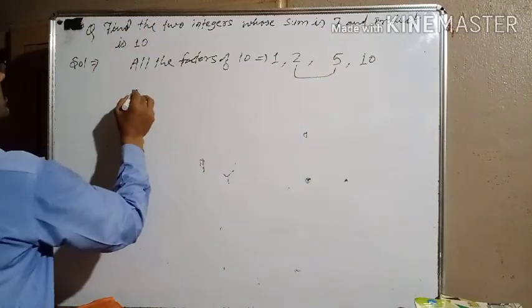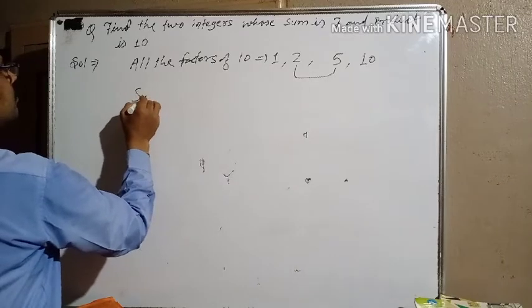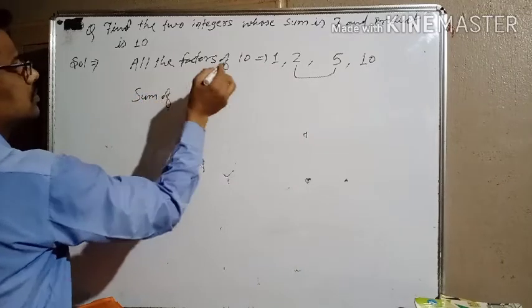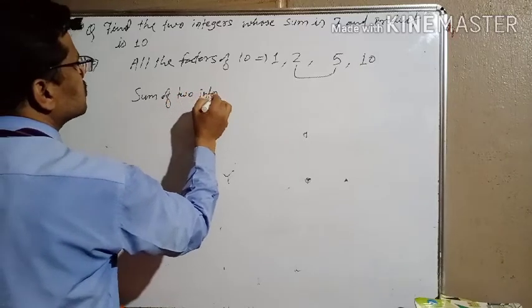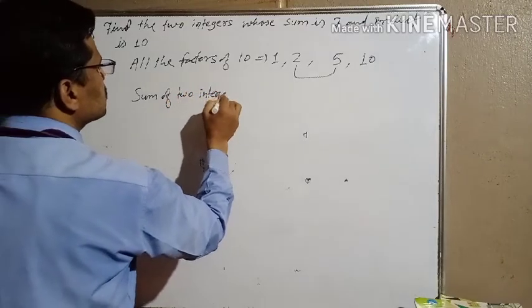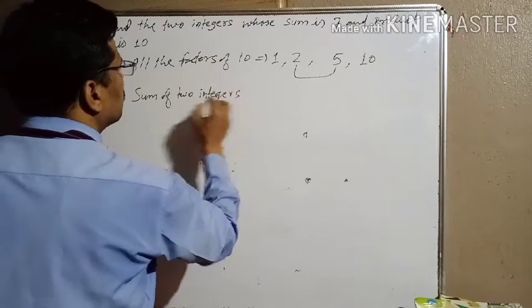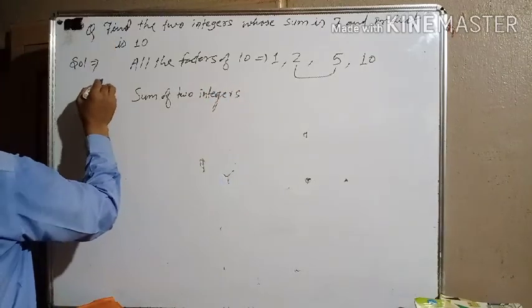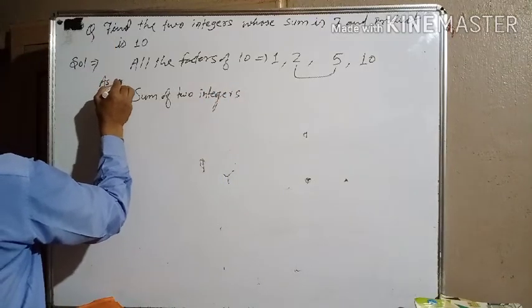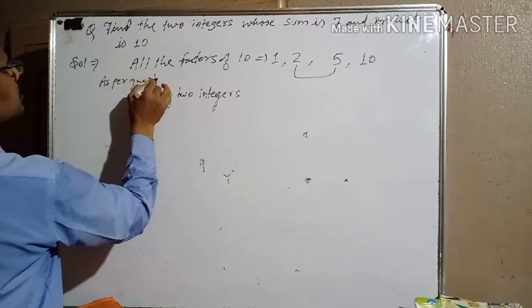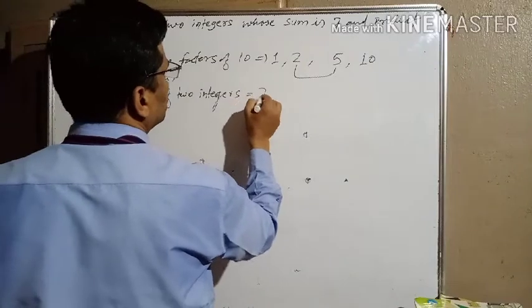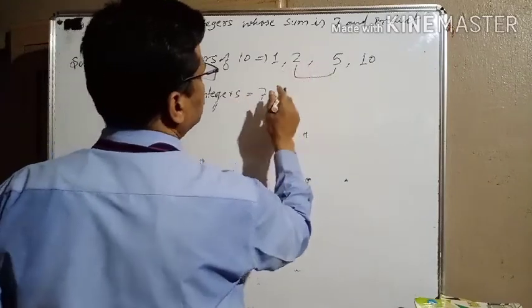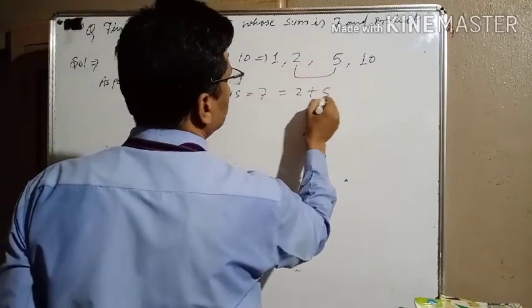How will you write it here? The sum of the two integers, as per the question, should be 7. So we write 7, and the sum of 2 and 5 is 7.